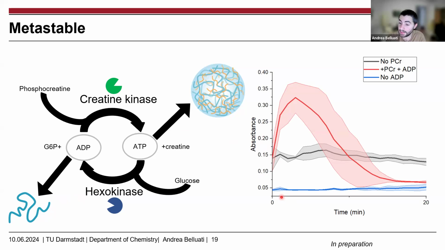If you look at the turbidity measured in absorbance at 600 nanometers, you add these two enzymes with phosphocreatine and ADP, you see that creatine kinase is faster and produces ATP at the beginning, leading to the formation of coacervate.